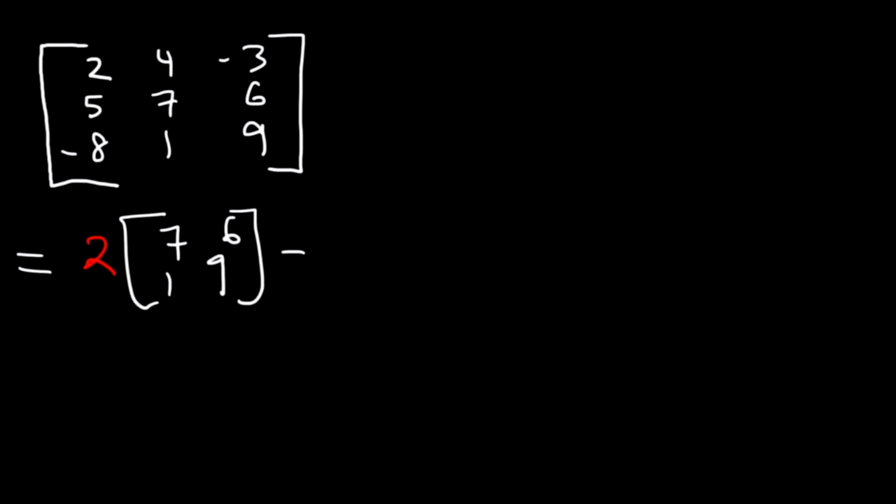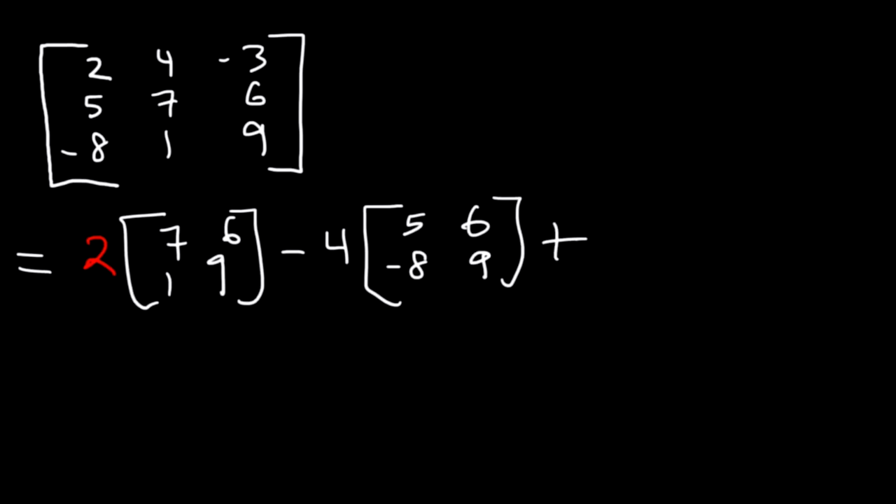And then minus. Now we're going to use the 4, and we're going to get rid of row 1, column 2. So we're going to have 5, negative 8, and 6, 9. So it's a minus 4, and then 5, negative 8, 6, 9. Now the next number that we have is negative 3.